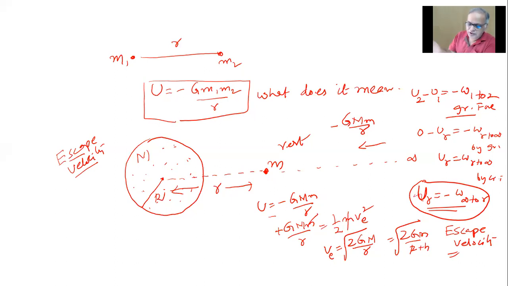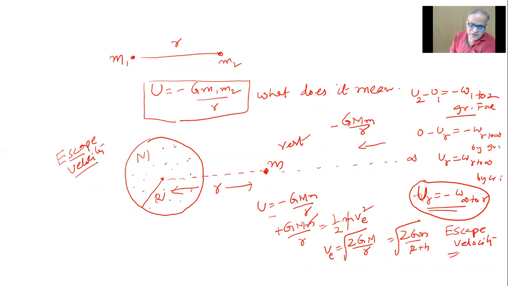The body could have been at infinity first, we don't know. Means somebody is bringing it from infinity, you can say, but for a while I'll just move it aside because you'll get confused.